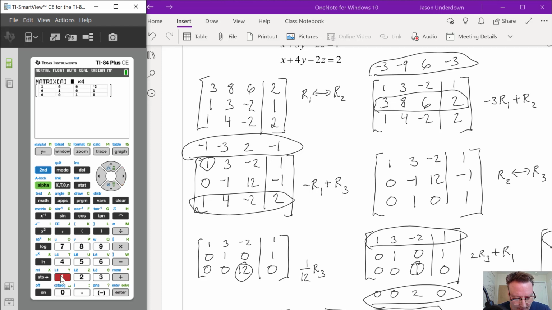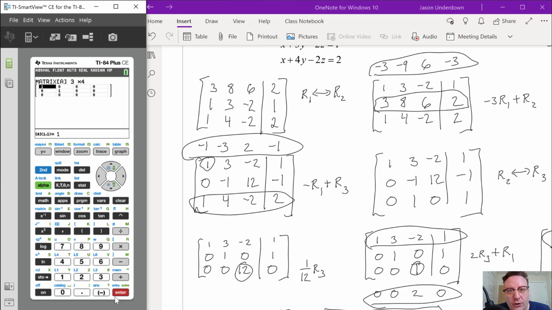Okay, it's already set up for a 3x4, but you could change these, like I could hit 2, enter, 3, enter, if I had a 2x3 matrix. I'm going to cursor back up to the 2, change that back to a 3, enter, 4, enter, because we have a 3x4 augmented matrix.